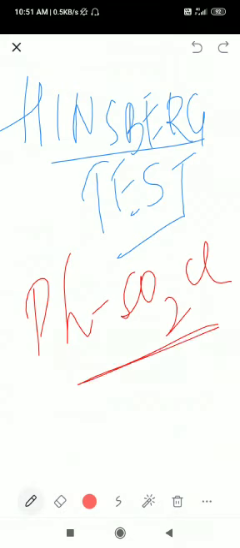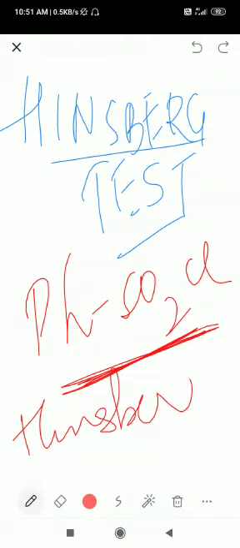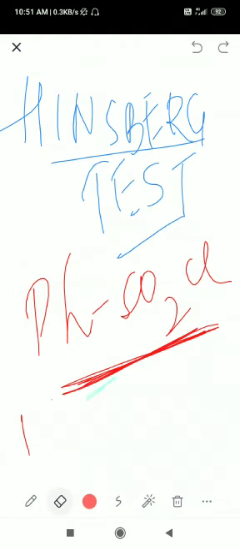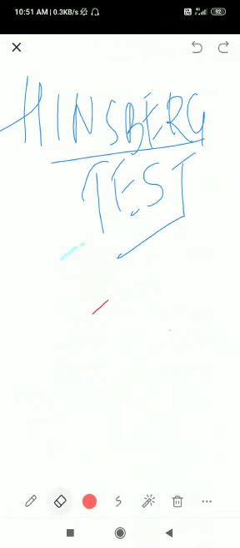So this is the Hinsberg reagent. It can be asked directly that give the name and you will have the 4 options there. Or in the board's examination, they will just tell you to write any test that we use to distinguish between amines. Then you can easily write this test.